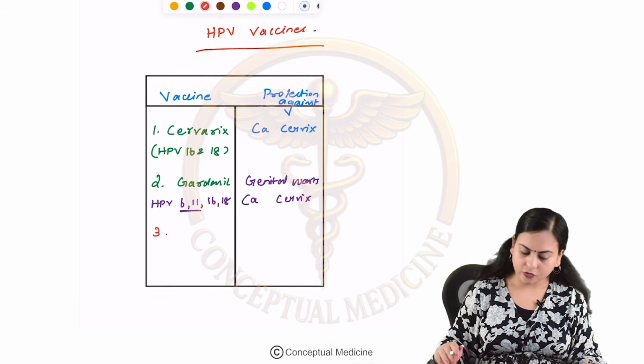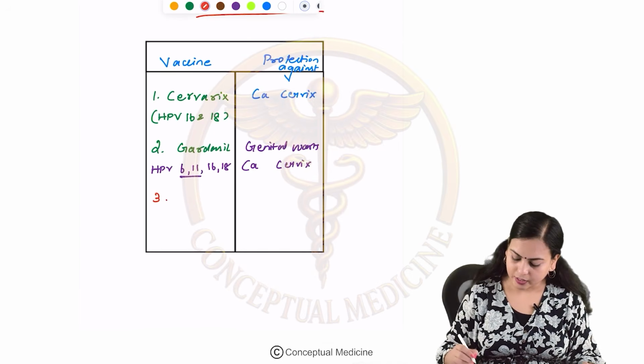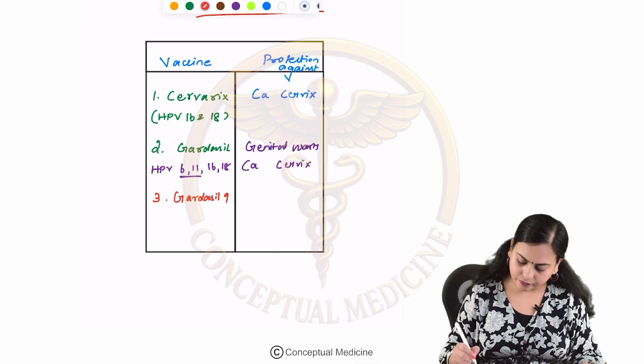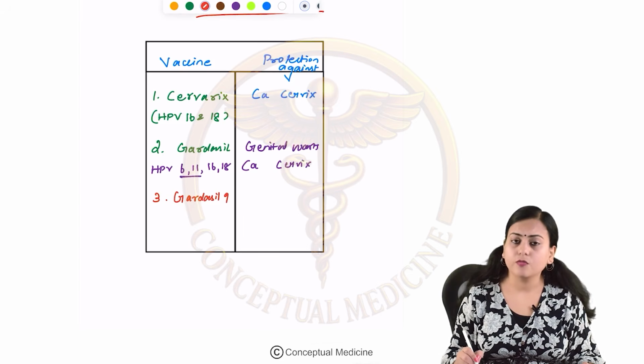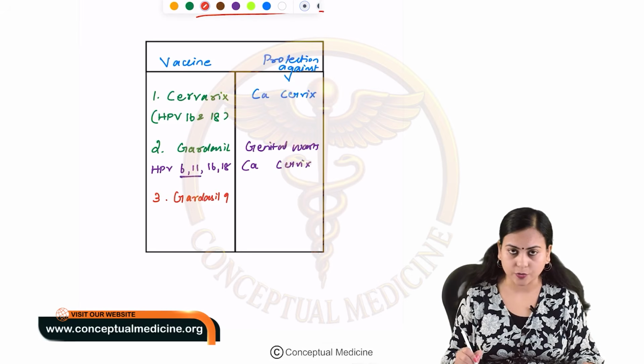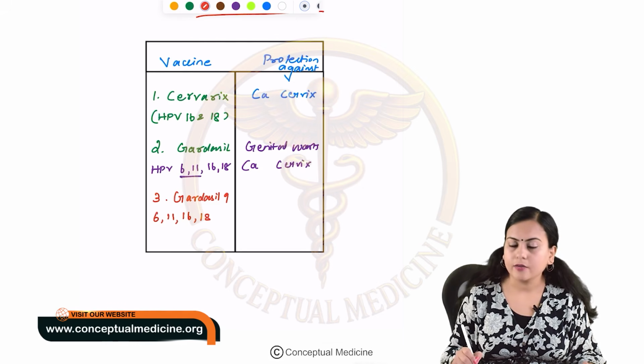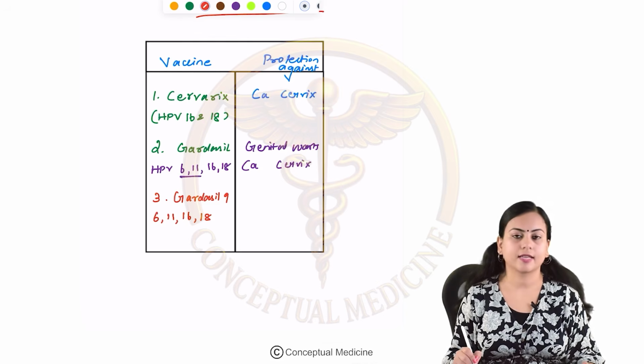Now, there is a new vaccine available, Gardasil 9, which covers most of the serotypes of HPV, like 6, 11, 16, 18 and almost all serotypes which cause cancer cervix.